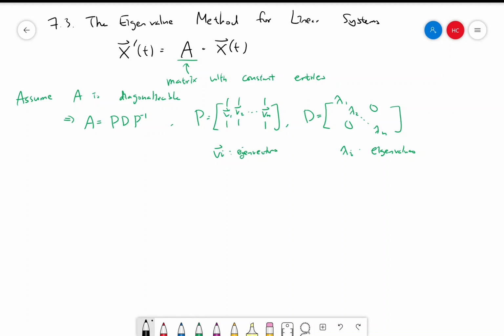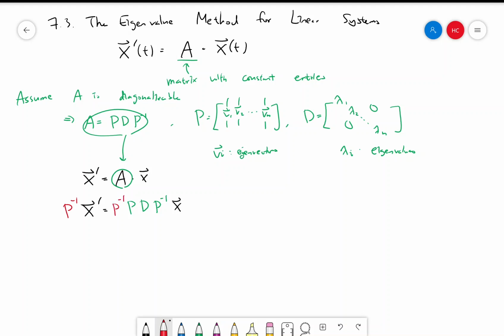Let's rewrite the equation. Let's drop the t. So x prime equals A times x, and A is PDP inverse. So that means x prime is PDP inverse times x. Let's multiply both sides by P inverse on the left.